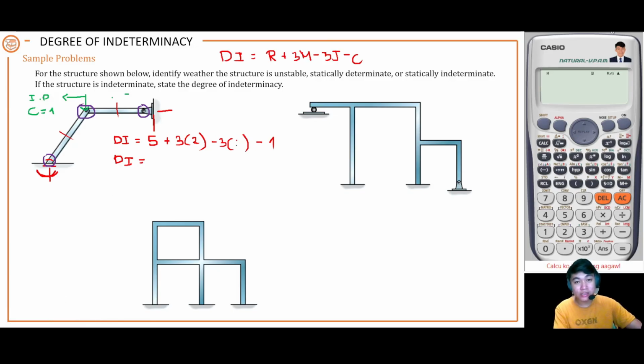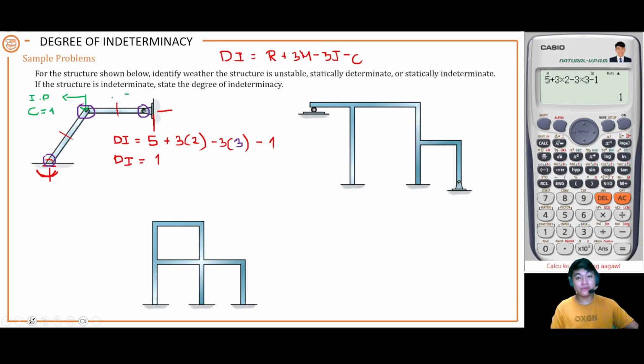So 1, 2, 3. 3 times 3 here. So the degree of indeterminacy, we have 5 plus 3 times 2 minus 3 times 3 minus 1. So answer is 1. Statically indeterminate to the first degree.